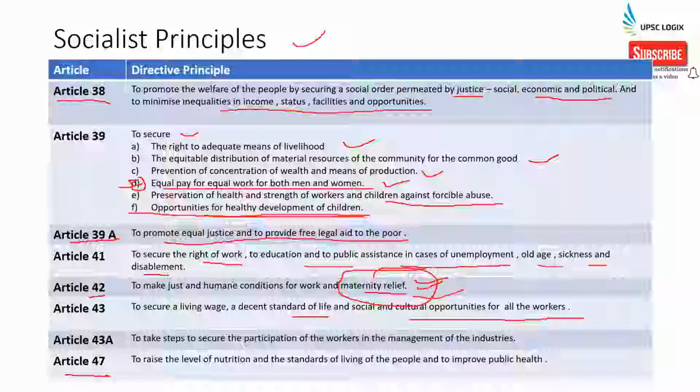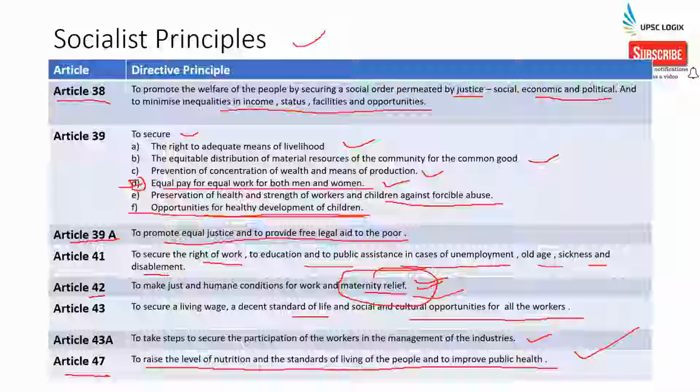Article 43A says to take steps to secure the participation of the workers in the management of industries. Article 47 is to raise the level of nutrition and standards of living of the people and to improve public health.